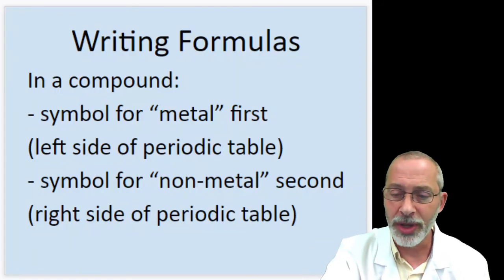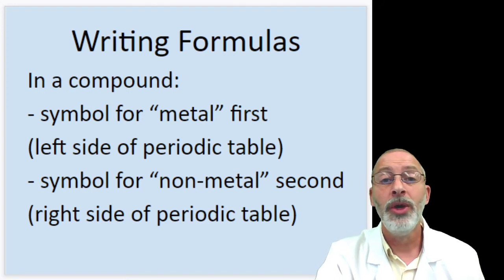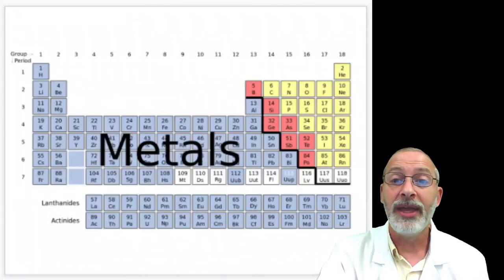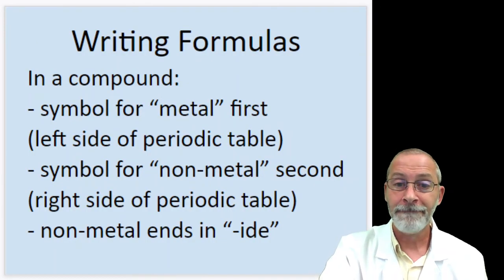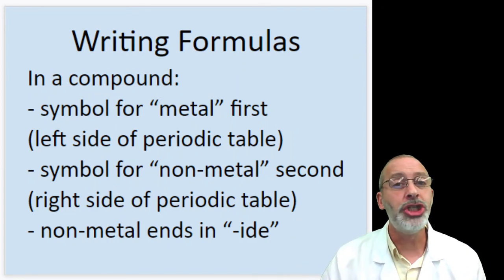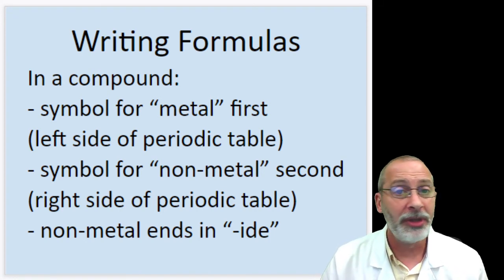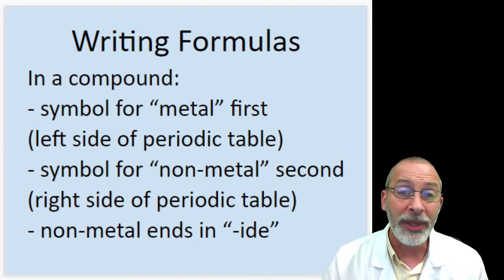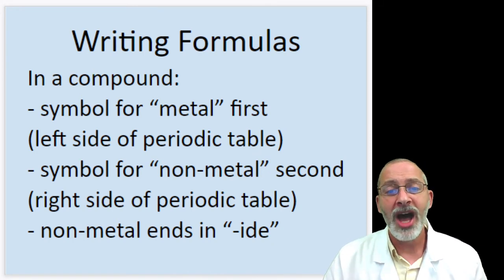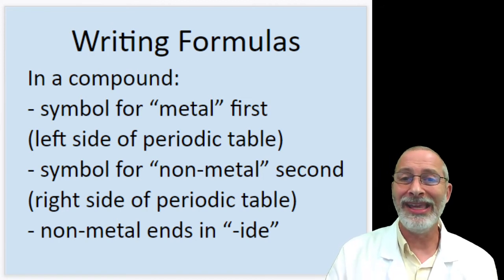So we start with metal first always and non-metal second when writing a chemical formula. Now, here's another thing to include, and this is a general rule. It isn't always the case, but in general, at least the compounds that we will be writing, the non-metal name will end in IDE.